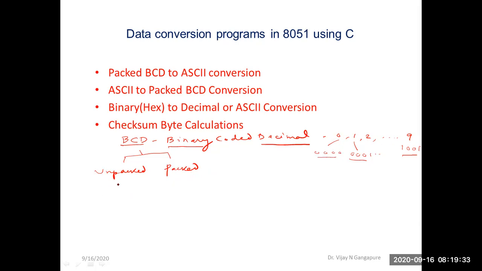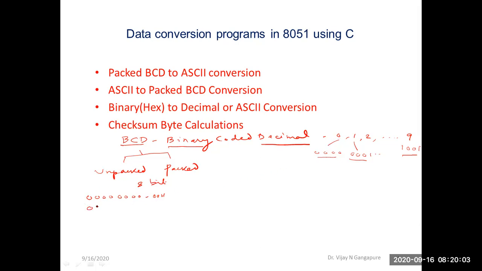Now suppose an 8-bit format is used to represent any BCD number. To represent 0, I will use 8 bits. So BCD number 0 can be represented as 0 0 0 0 and 0 0 0 0. In hex it will be 00H. This represents BCD number 0.